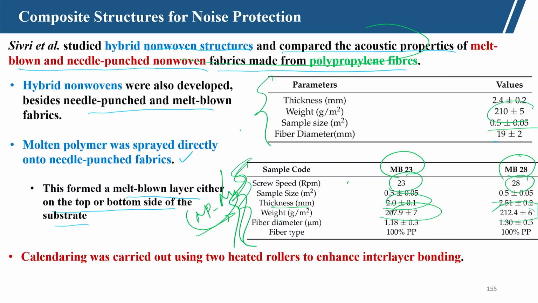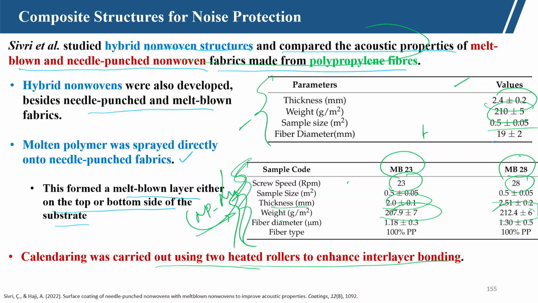Here only the fabric parameters are there. Initially the thickness was 2.4. Now, after this there will be different thicknesses. So, calendaring was carried out using two heated rollers.